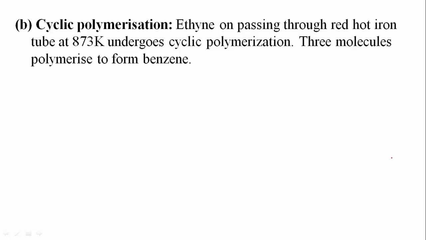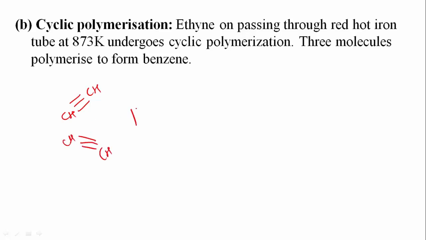And next one is cyclic polymerization. So ethyne, on passing through a red hot iron tube at 873 Kelvin, undergoes cyclic polymerization, and three molecules polymerize to form benzene. So simply let us consider three molecules of ethyne that can be represented like this.